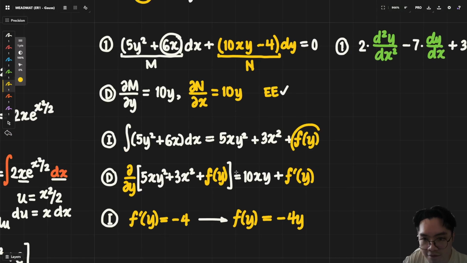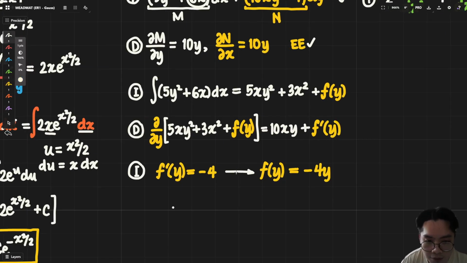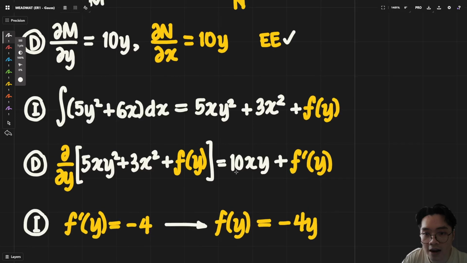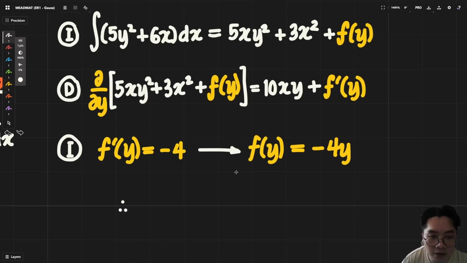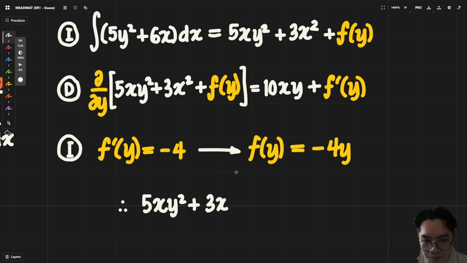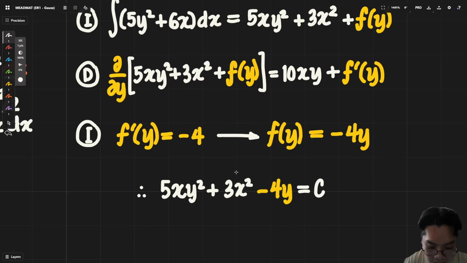So we have found our answer. Whatever our answer here was is already the final answer: 5xy squared plus 3x squared minus 4y, and then you write down equals c.